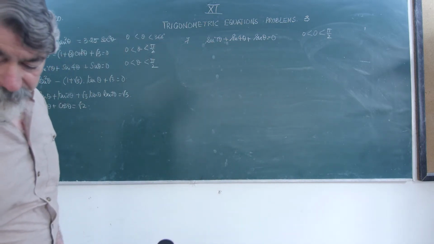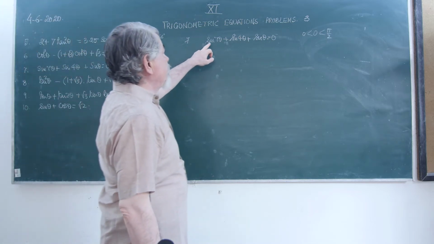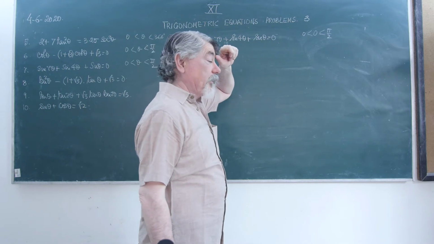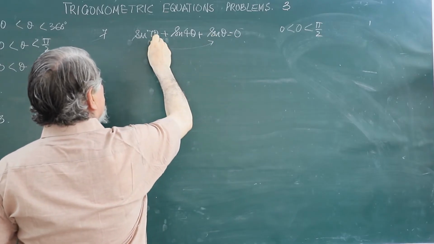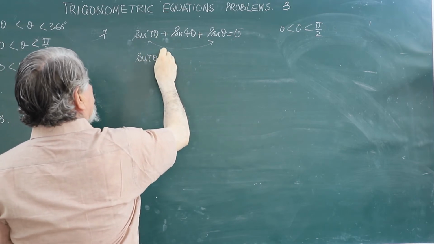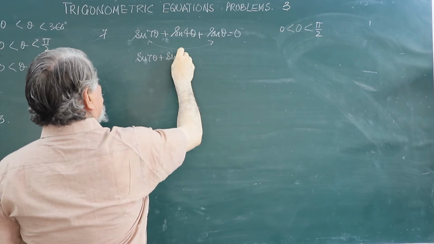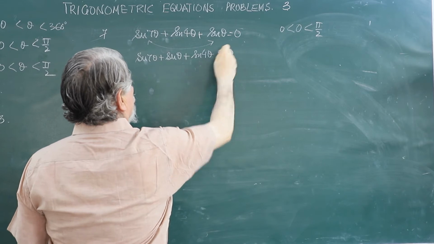So we are looking for the value of theta in the first quadrant only. Now sine 7 theta, sine 4 theta, sine theta, I will combine these two: sine 7 theta plus sine theta plus sine 4 theta is equal to 0. Why I will combine these, I will let you know just now.